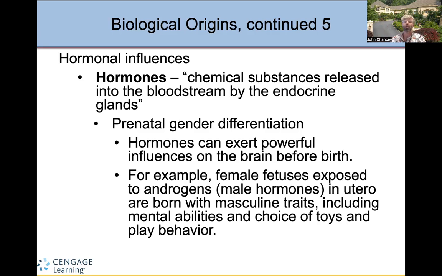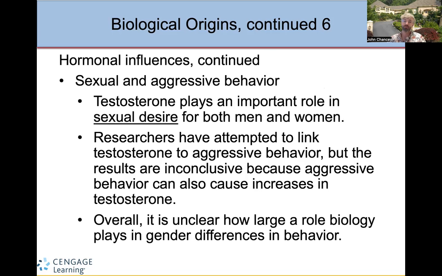And also, the exposure to these things will determine which traits, masculine or feminine, develop. So the exposure to male hormones, for example, ends up leading to the development of masculine traits, mental abilities, choice of toys, things like that. So development in terms of gender starts to happen even before a child leaves the womb.